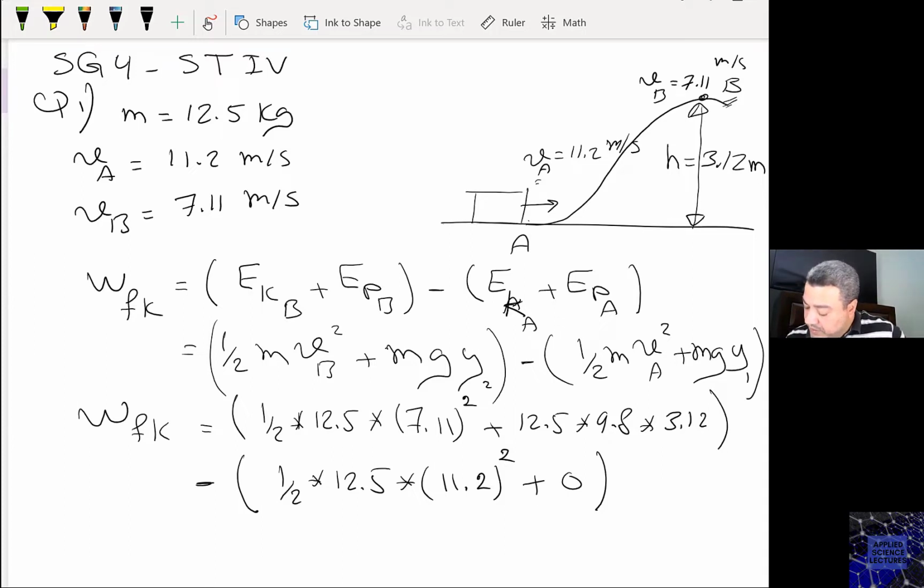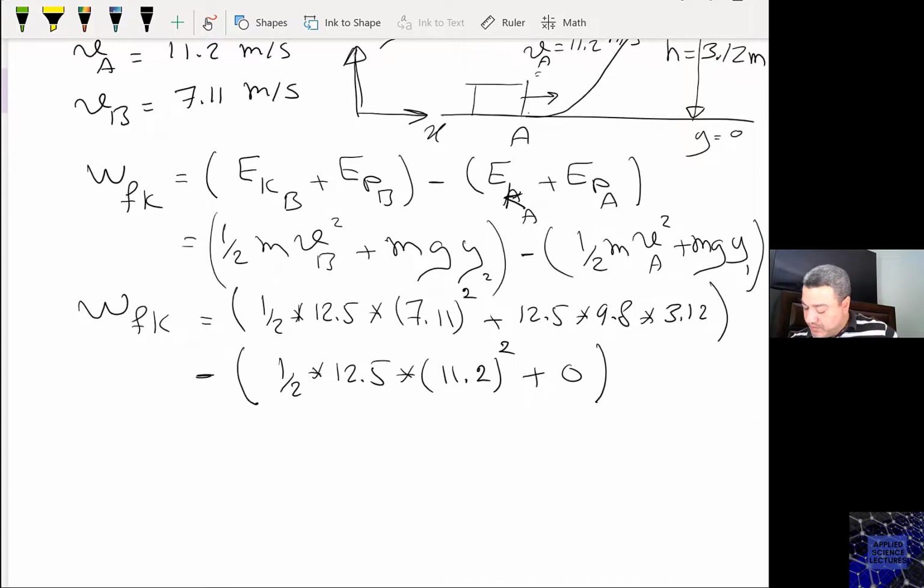So if I take this x and y, so this is my reference. This is y equals to zero. In this case, you work out this equation.